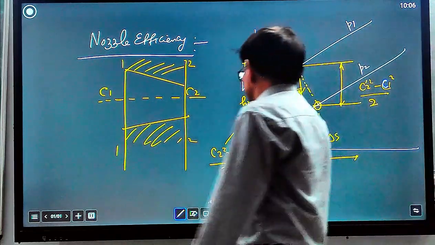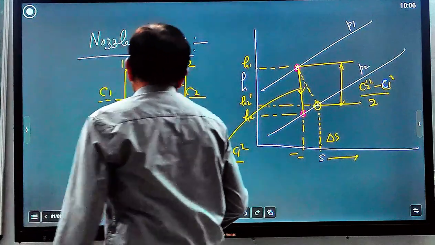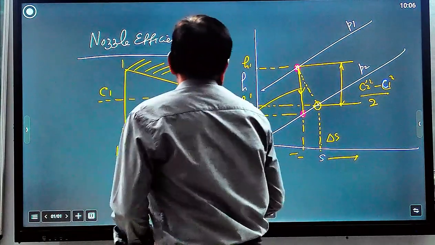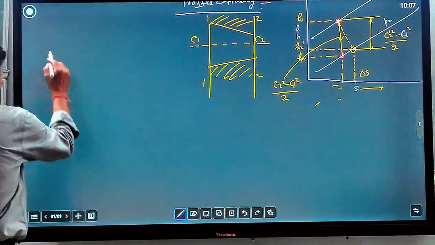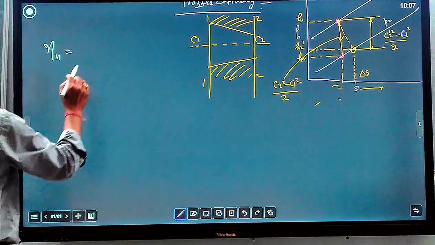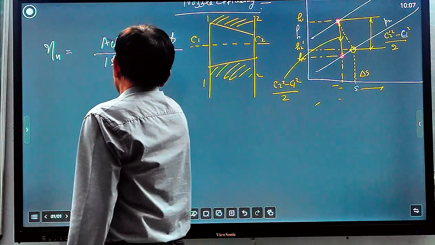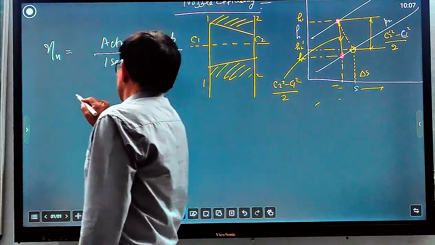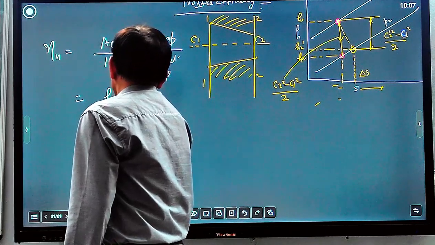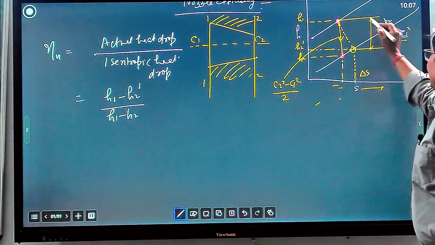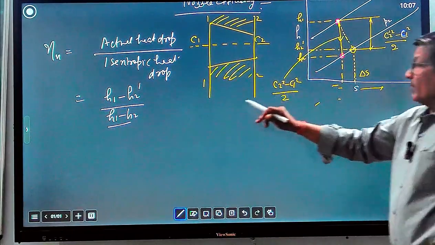So how can we define nozzle efficiency? Nozzle efficiency, eta N, can be defined as actual heat drop upon isentropic heat drop, that is equal to H1 minus H2 dash upon H1 minus H2, because a lesser amount of heat is now available.